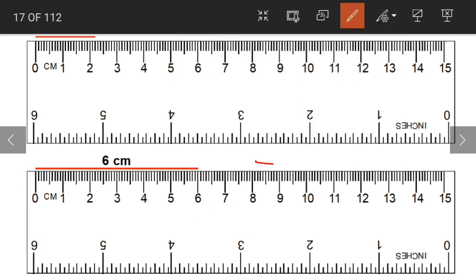Suppose you have a line segment like this, which is starting at 8 centimeters and stopping at 12 centimeters. Now how will you measure the length of this one, children? Again, as we have discussed, we have to count the number of spaces. 1, 2, 3 and 4. By counting the number of spaces, we can say that the length of the line segment is 4 centimeters.